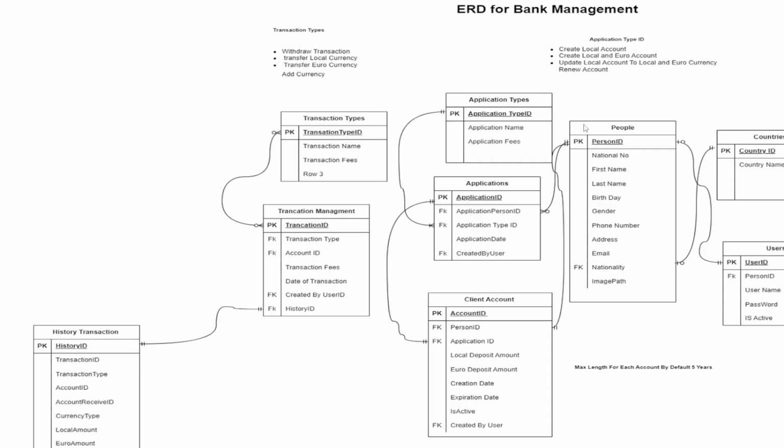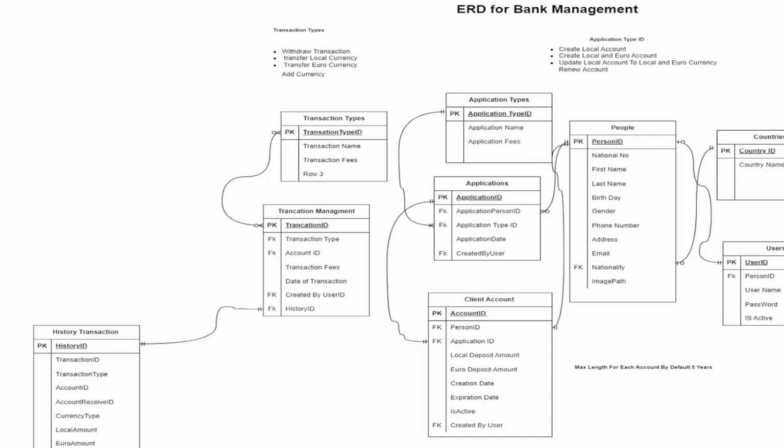And we have here the application table, which contains person ID, the application type, the application date, and which user created this application. For any application, we have an application type.